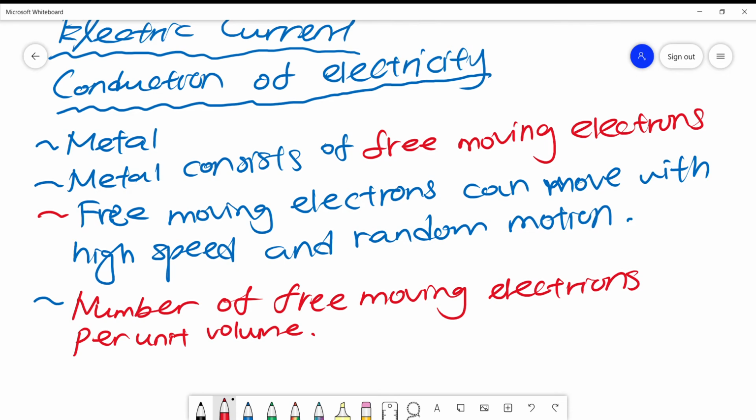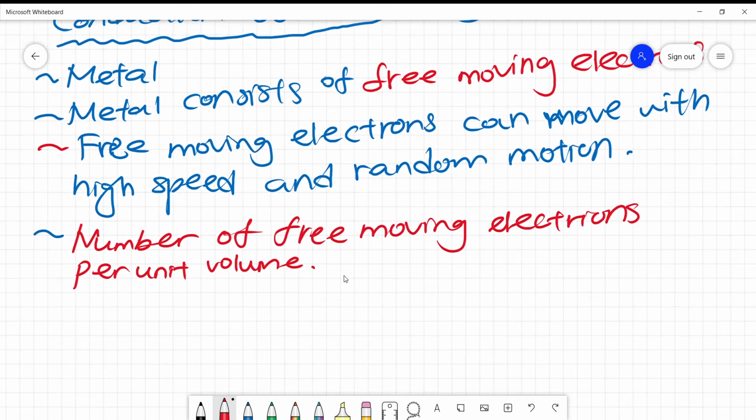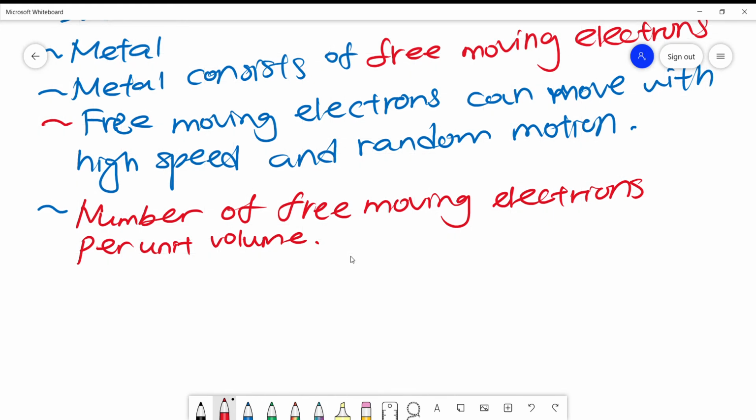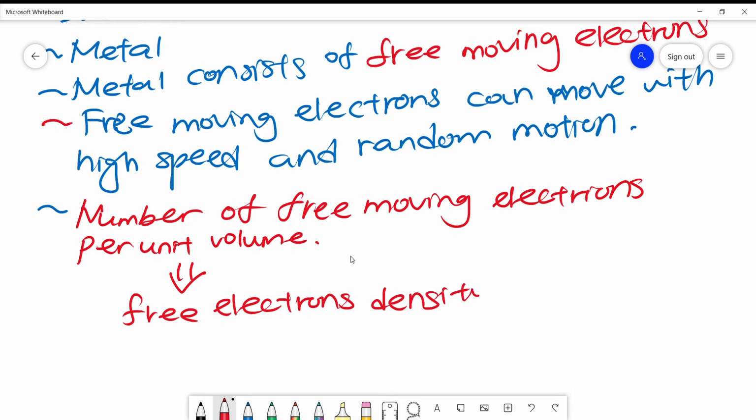The number of free moving electrons per unit volume is also called the free electron density of a metal.